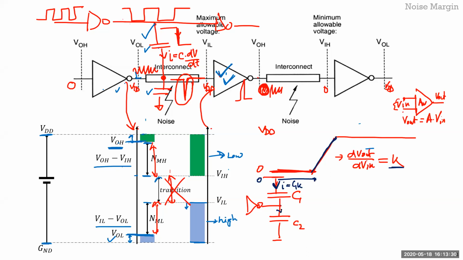And then that current will go into C2. So if I just plot the current, it will increase to K times C1 here, and it'll remain constant throughout the transition period. Then after the transition period, it is 0 again. Then it'll go back up again, right? And if you look at the voltage, obviously this will be the integration of this current. So let me draw it in another color.